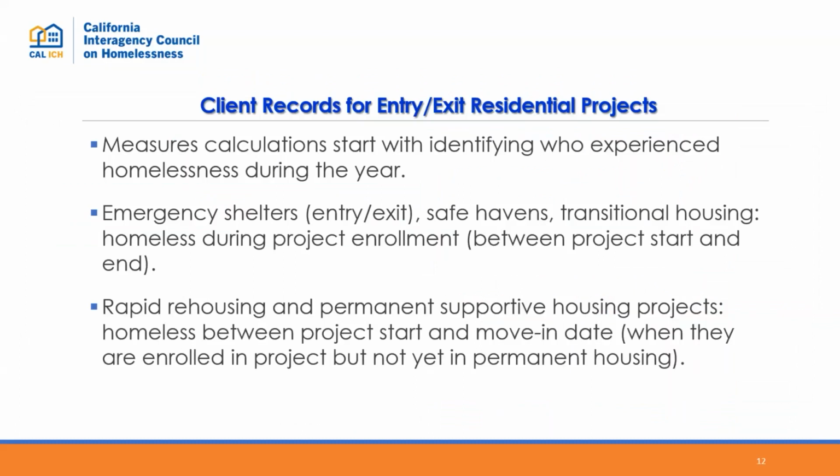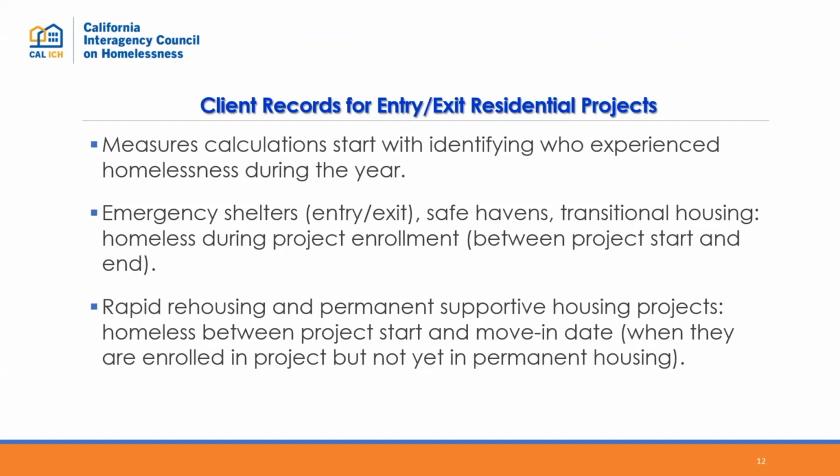Next, we will go through how client records for different types of projects are counted in the baseline data. Measures 1A, 1B, and 2 are counts of people who experienced homelessness in the COC. The calculation for these measures and the measures that follow start with identifying who experienced homelessness at any point during the year based on project enrollment dates in HDIS to construct the person's record of homelessness.